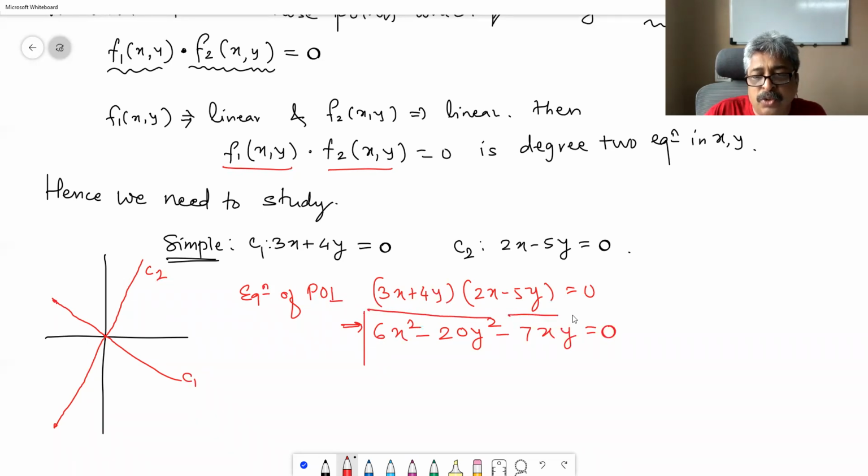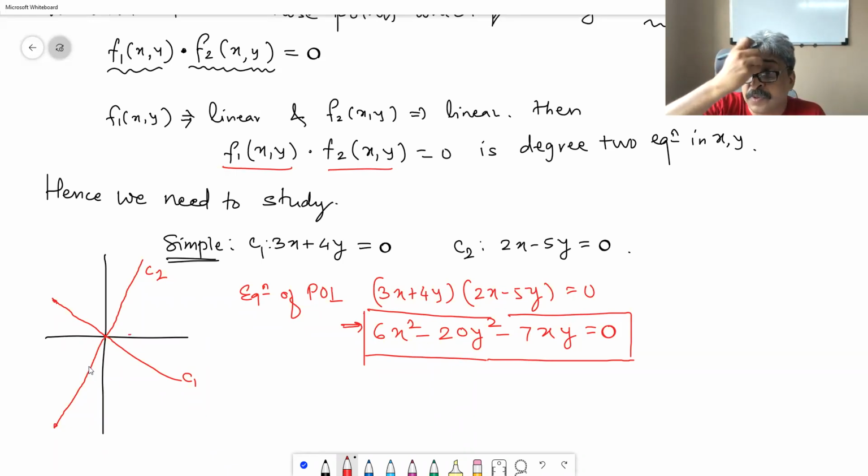This is what is going to be the equation of POL. And because we have derived it from these two, it is easy to figure out what kind of geometry it is going to be, right?